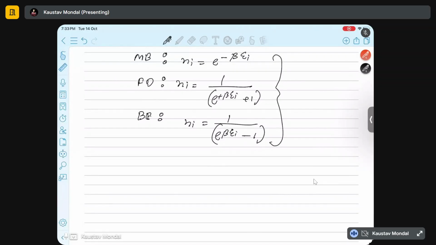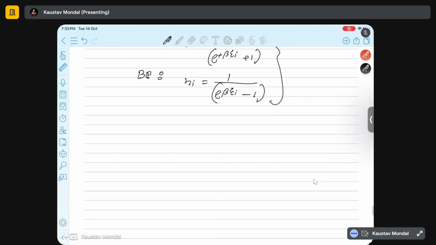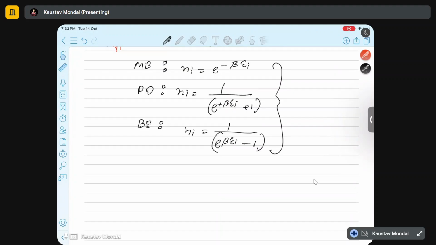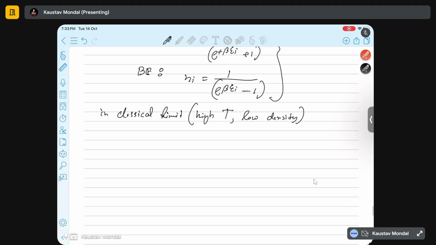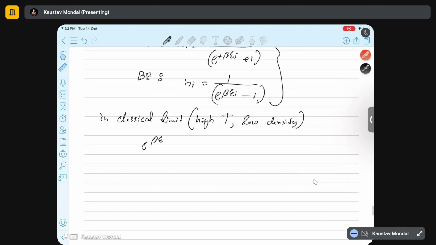Now for very high temperature or very low density, where the indistinguishability condition basically vanishes, the particles become distinguishable. So in classical limits, that means high temperature or low density, this e to the power beta e basically becomes much higher than 1.